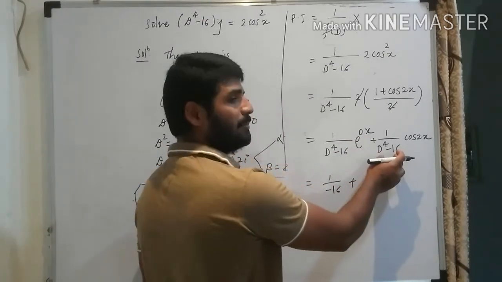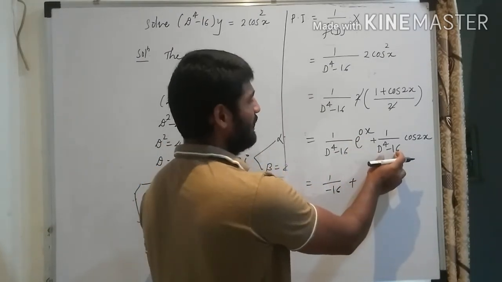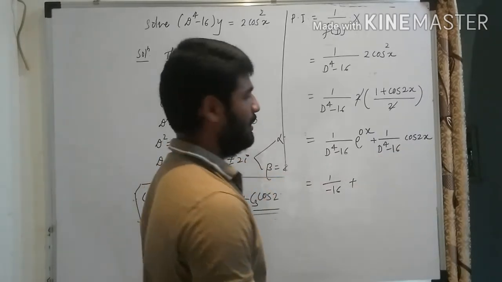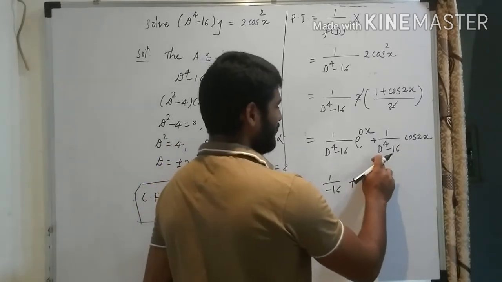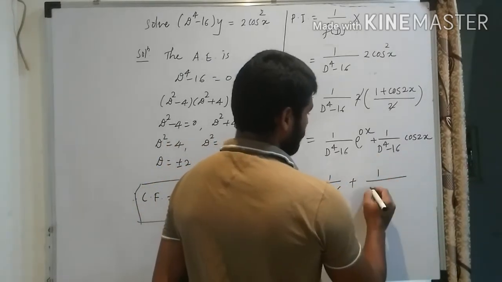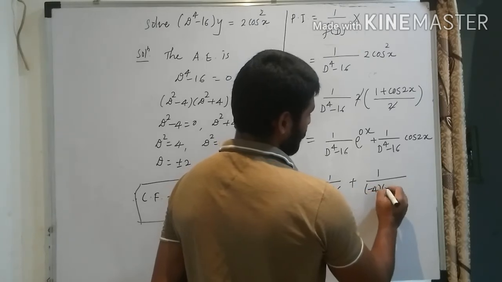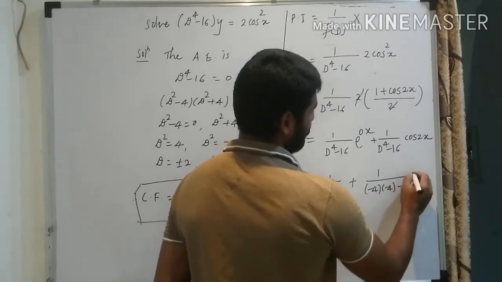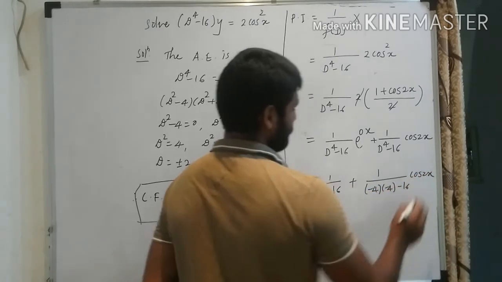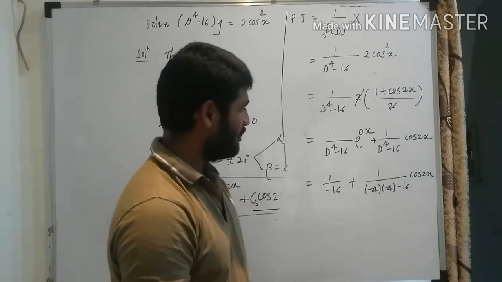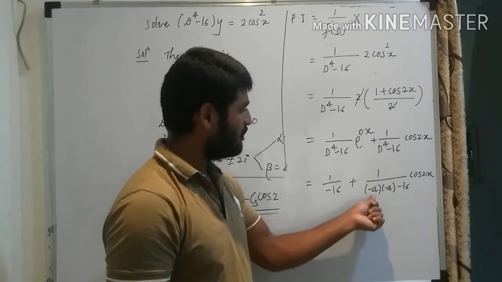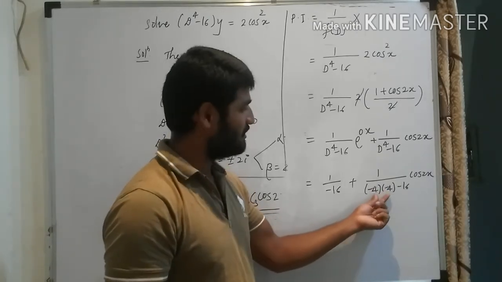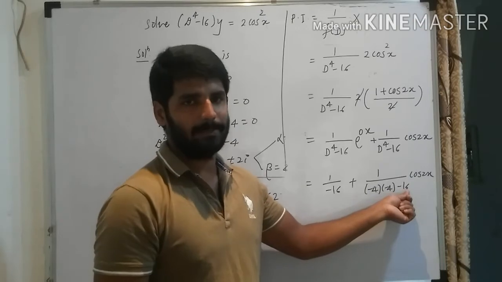In that case, we have to replace d square by minus a square. So if we replace d square by minus a square, we can write this as minus 4 into minus 4 minus 16 into cos 2x as it is. But if we observe this, minus 4 into minus 4, that is plus 16, and this minus 16, we get 0 here.